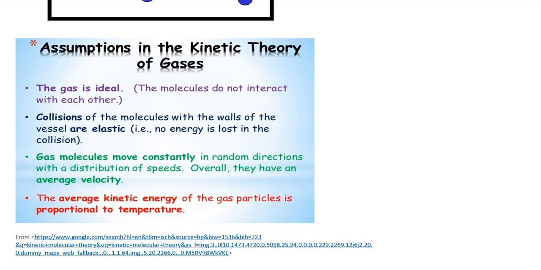The first two postulates here deal with the way the particles interact, or essentially their lack of interaction if we're considering a gas to be ideal, because that's the first postulate of the kinetic molecular theory, that essentially gas particles in an ideal gas do not interact with each other.